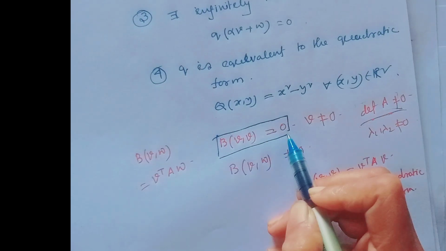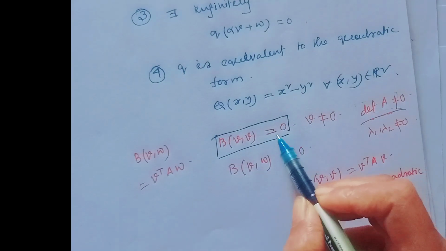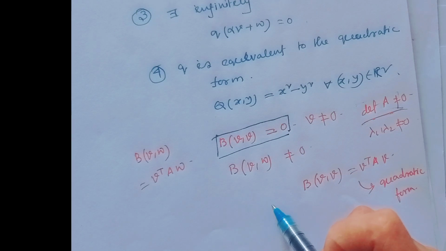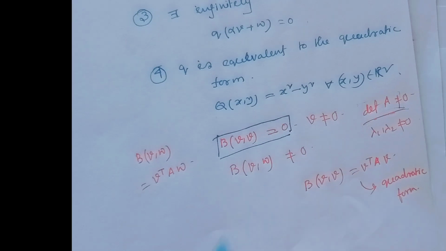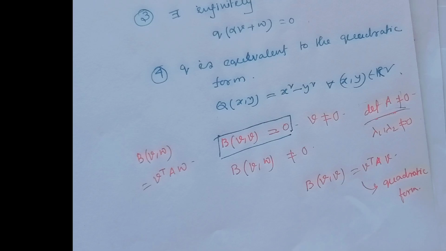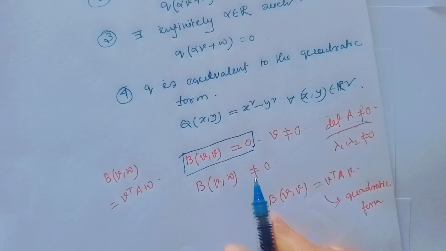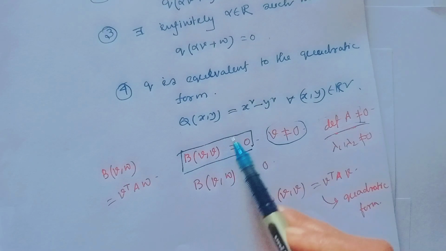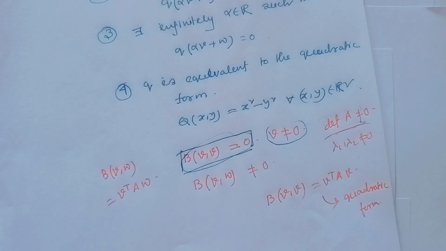For a non-zero vector, B(v,v) equal to 0 is not satisfied if the bilinear form is positive definite. Similarly, for negative definite, this is not, because negative definite means lambda 1, lambda 2 are negative, but for a non-zero vector this would not be satisfied.